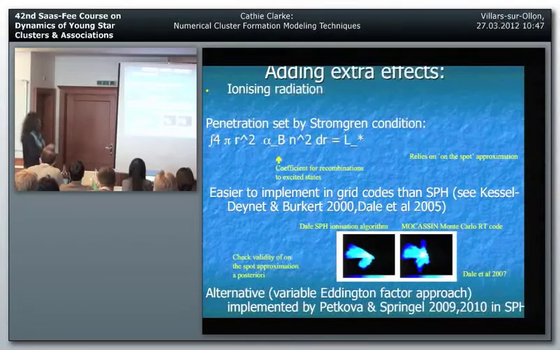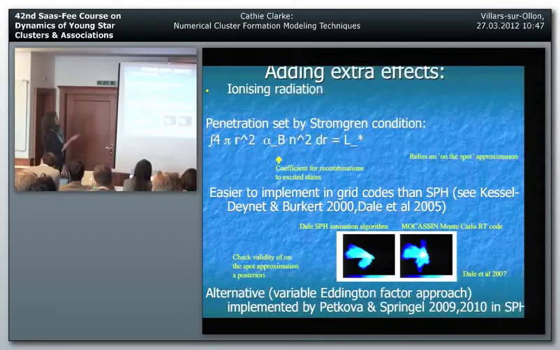So making sure you use the B coefficient, the classic Stromgren criterion for deciding how far your ionizing radiation penetrates is to add up all the recombinations over a sphere and equate that to the number of ionizing photons that are produced per second.